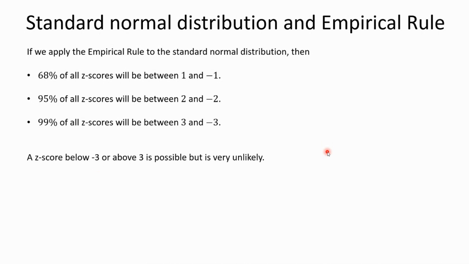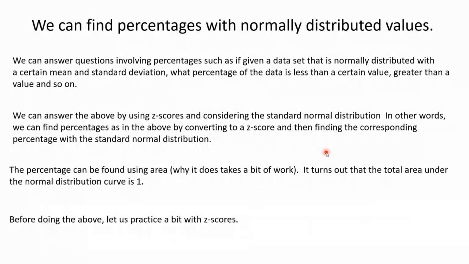Now, I did try to say, although I might have messed it up last time or the lecture before, why z-scores are so important. Well, this should answer that question. Basically, we can sort of generalize the empirical rule. For instance, we can answer questions involving percentages.